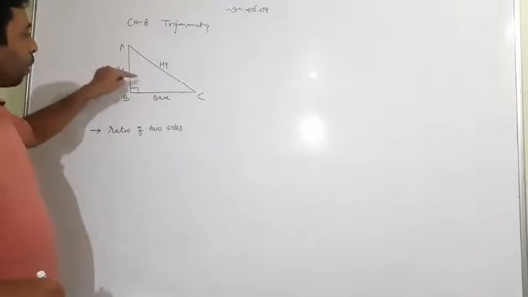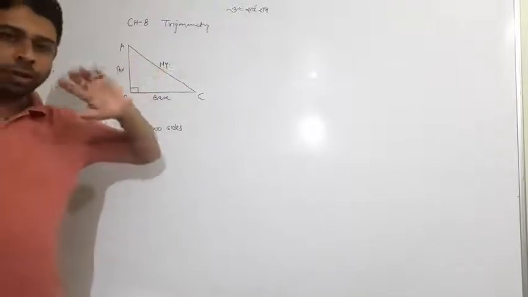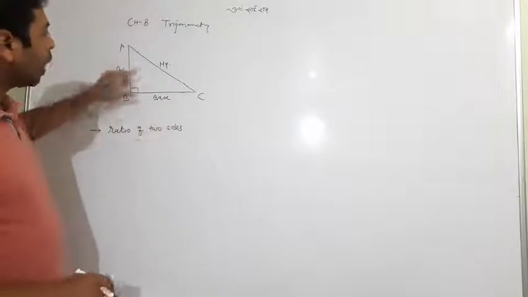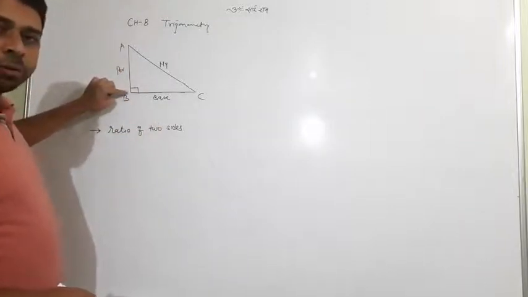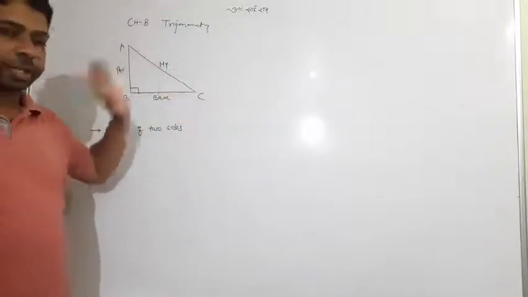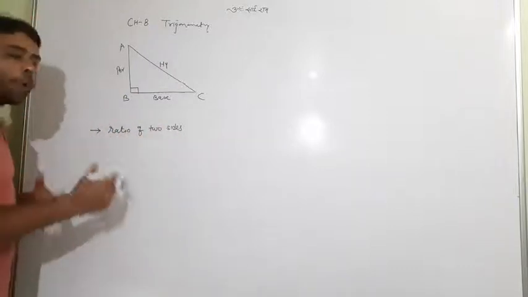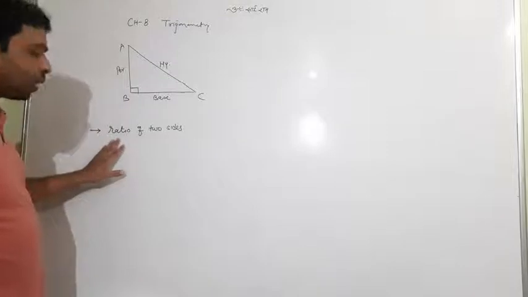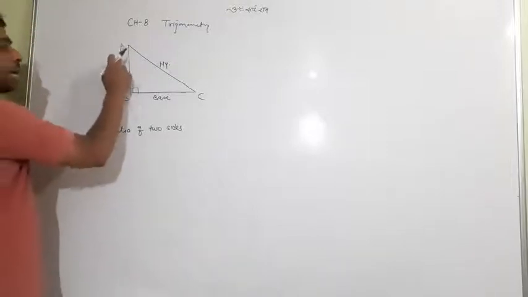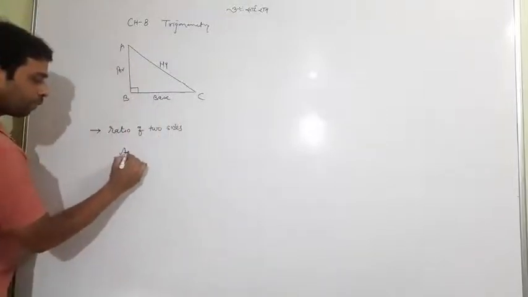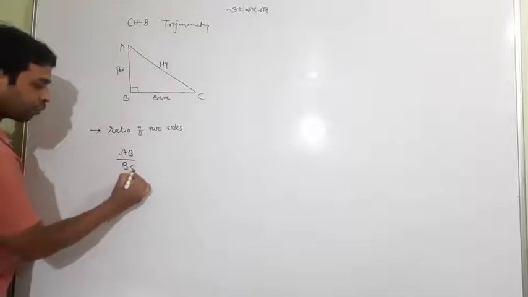So we have three sides. Initially, don't think of perpendicular, base, hypotenuse. I would say AB is a side, BC is a side and AC is a side. So you have to take any two sides and take the ratio. First AB and BC, if someone takes AB and BC, this is a ratio.